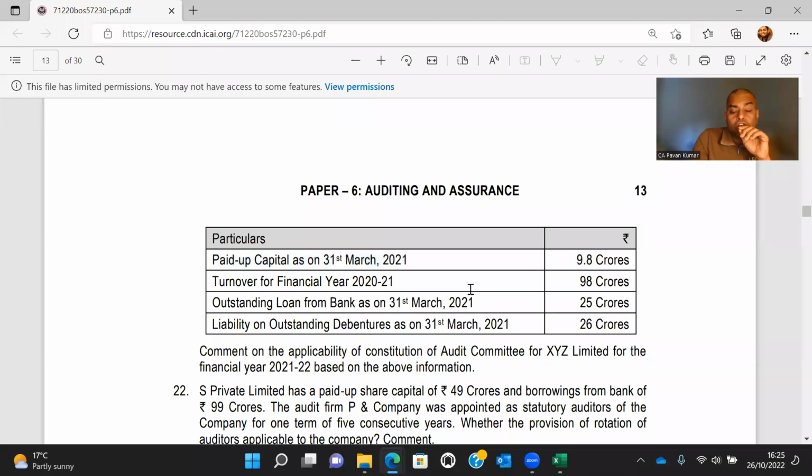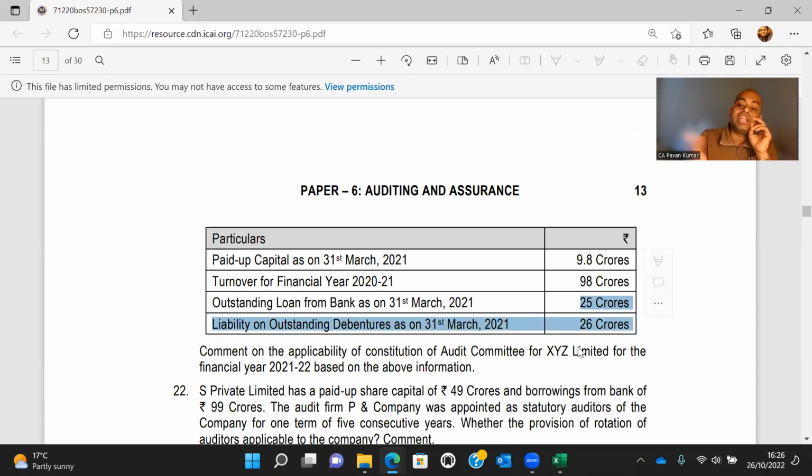Now you tell me, turnover for financial year 98 crores. Is it within the limit or exceeding the cutoff? Within the limit. It has not exceeded. Loan from banks, financial institutions, debentures put together.